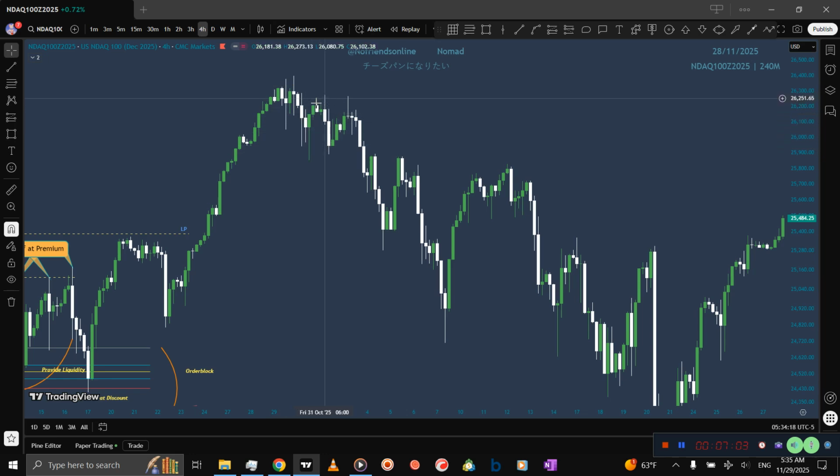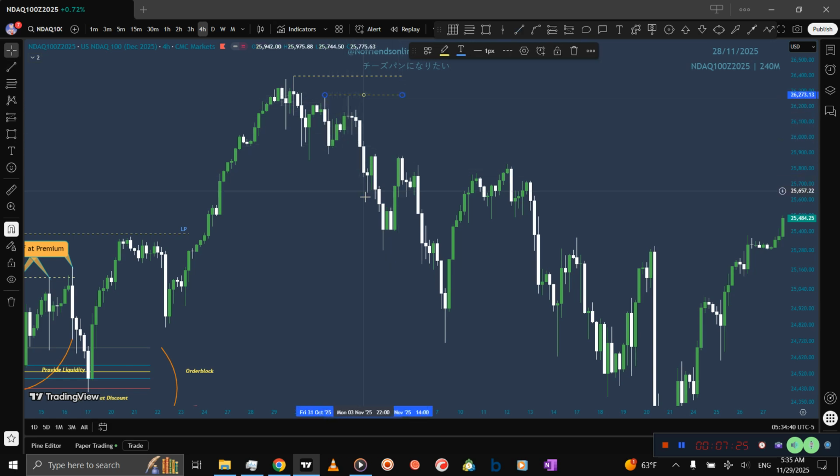and another retrace, but we have protected highs. Sell off, take some profit, and again we have a bullish, another protected high.